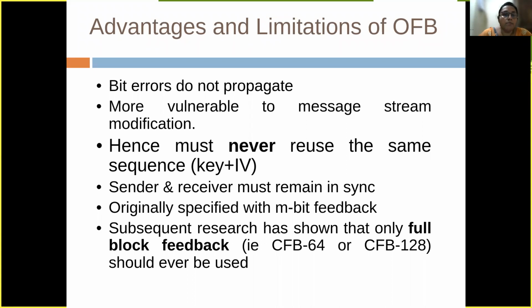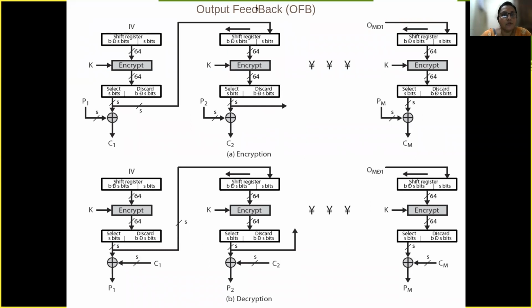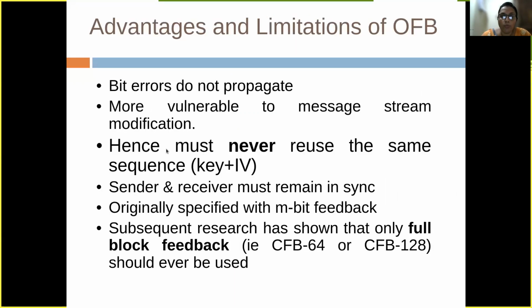Both the sender and the receiver must always be in sync, and the originally specified M bit feedback, that specified feedback, must be synchronized for both the sender and the receiver.